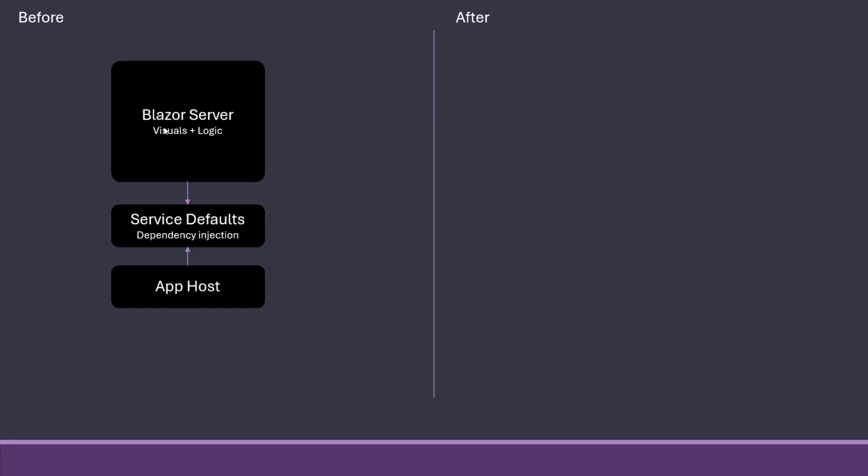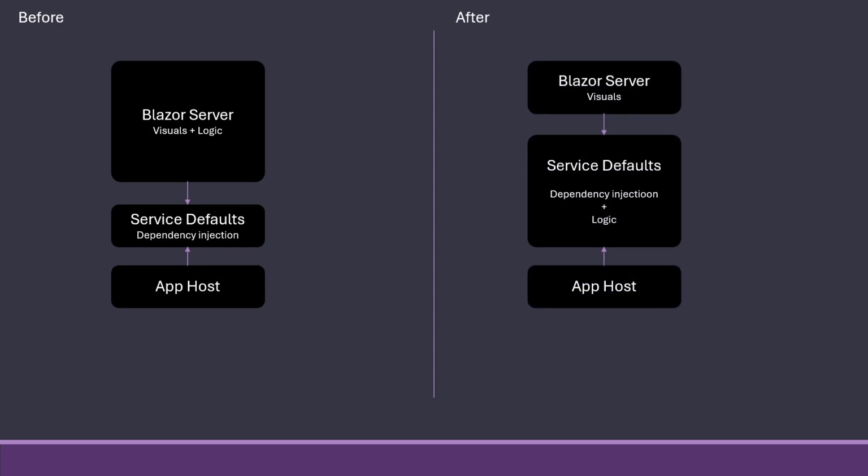And then we end up with a Blazor server that has a bunch of visuals and logic up here for various different systems. And I wanted to change that so that the Blazor server were more or less only visuals. And we pulled a lot of the logic that was up here down into the ServiceDefaults, keeping the dependency injections down here.